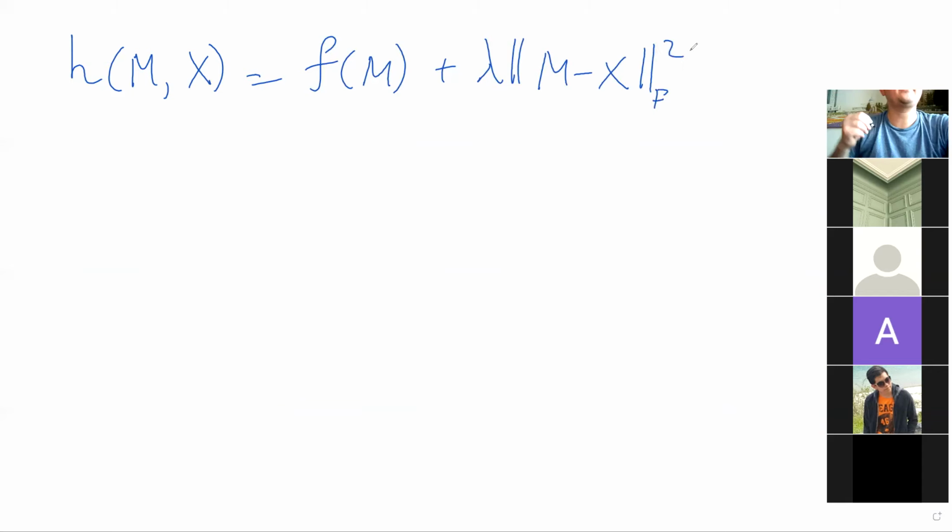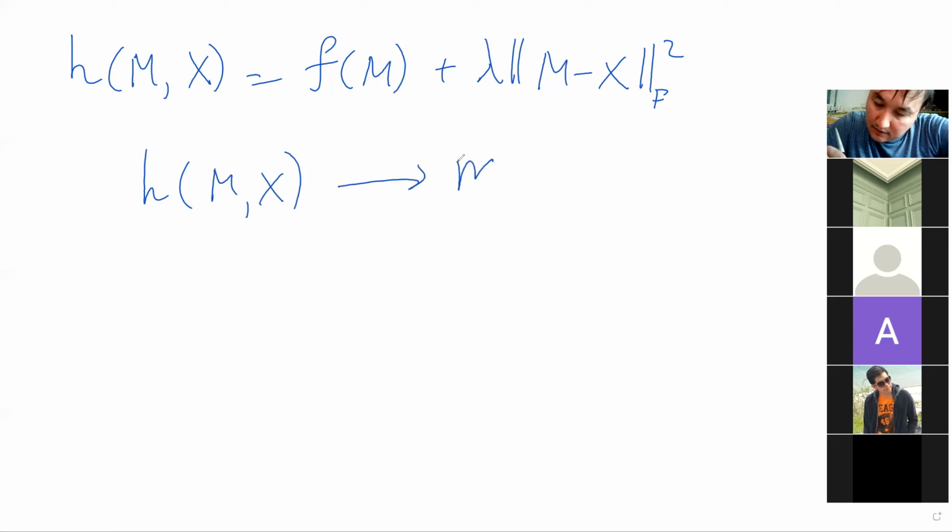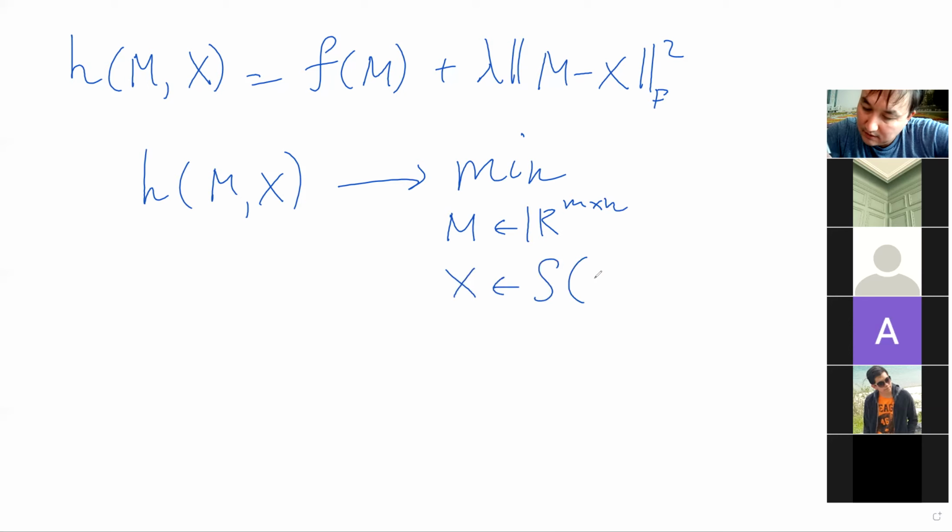And now this function h of m x should be minimized over two parameters. First, unconstrained parameter m, right? So this is just no constraints. This is m times n matrix, right? And the second parameter is x, which is constrained.